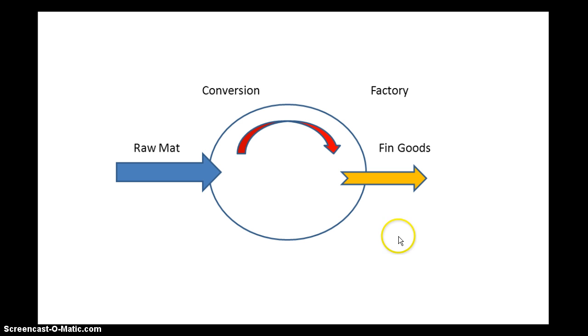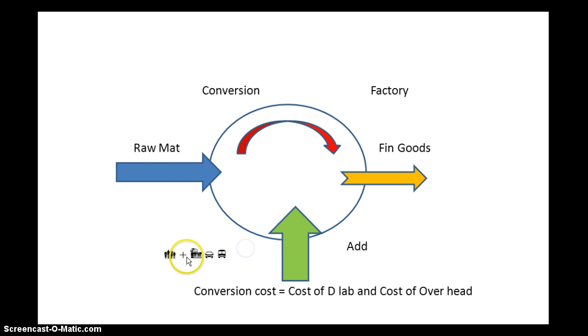This can only happen if you add some kind of labor to convert the raw material, and also the factory overheads, rent and machinery. So there will be direct labor and overhead that become conversion cost, which is added to the raw material, and they become finished goods. So the total finished goods cost will be the cost of raw material plus the conversion cost.